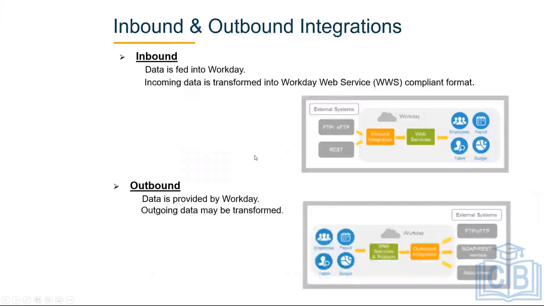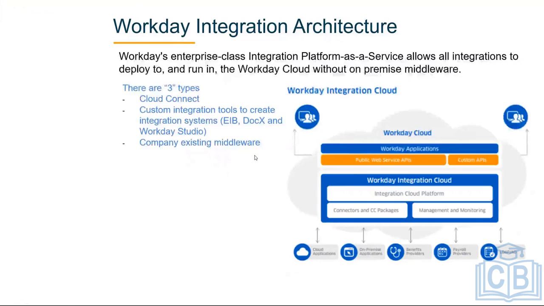For the Workday integration architecture, Workday works as a platform as a service and allows integrations to deploy to and run in the Workday cloud without on-premises middleware. You don't require an additional set of hardware, software, or middleware to deploy to the cloud to connect into Workday.